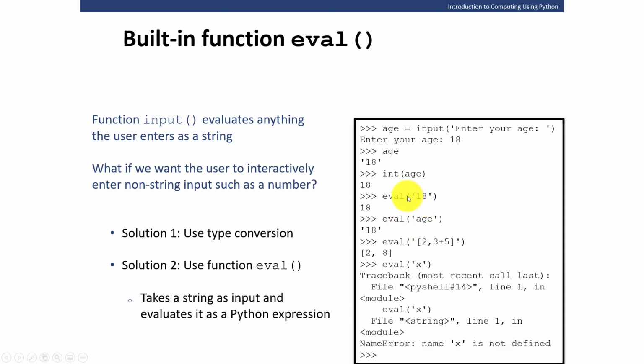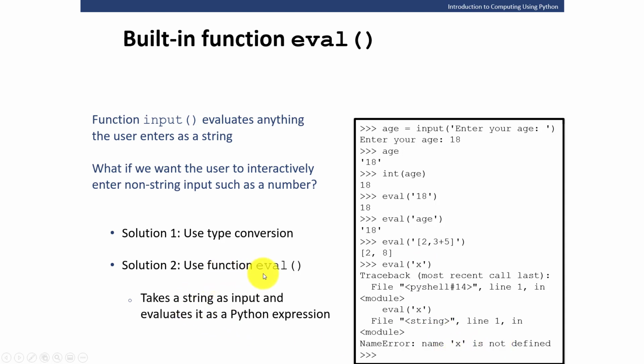As you can see, when I say eval of "18", it gives me 18, which belongs to the integer. If I say eval of the string "3 + 5", eval first will do the addition, make it 8, and then convert it. Now let's say eval of "x". Do I have x? No, this will give me an error because x has never been defined.